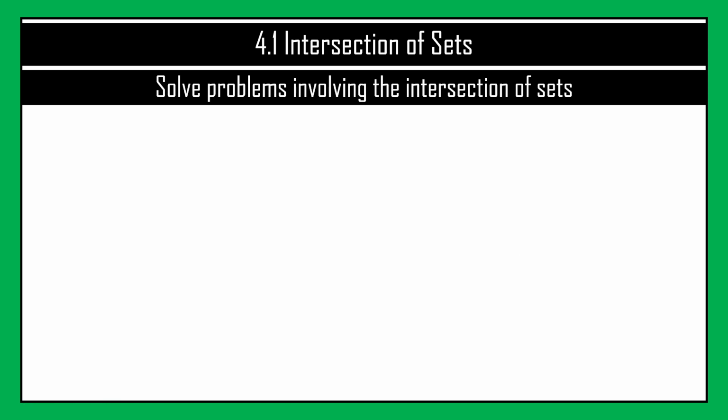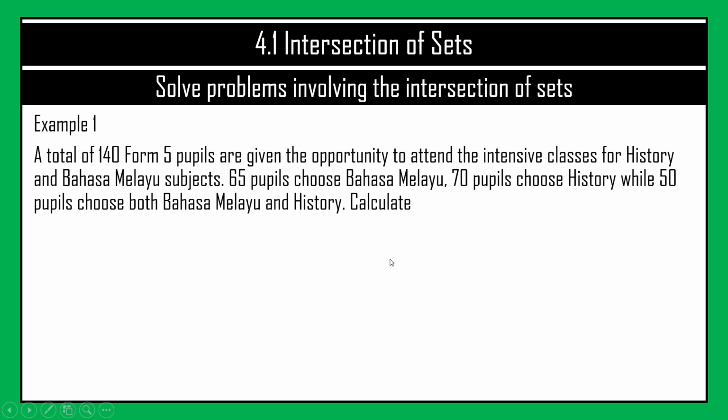You can refer to your textbook, page 103, example 6. Okay, the question is, a total of 140 Form 5 pupils are given the opportunity to attend the intensive classes for history and Bahasa Melayu subjects. 65 pupils choose Bahasa Melayu, 70 pupils choose history, while 50 pupils choose both Bahasa Melayu and history.